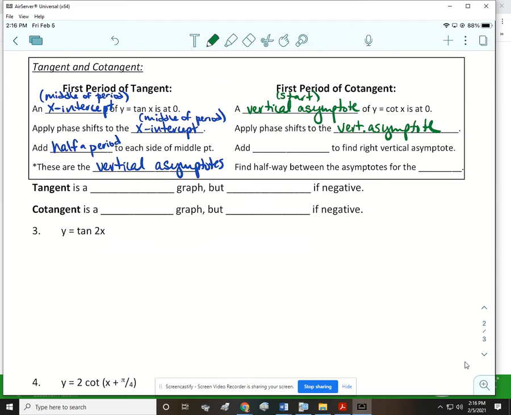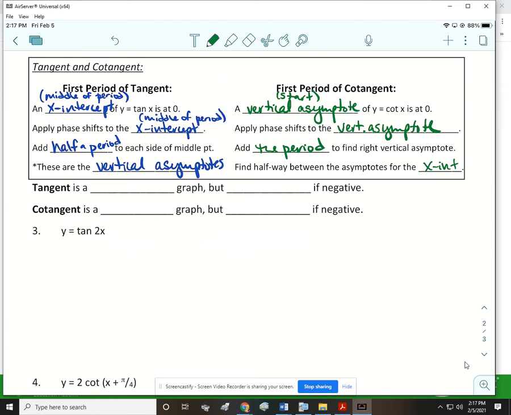And then you add the period to find the other vertical asymptote. And then halfway between those two is going to be an x-intercept. So when graphing tangent and cotangent, we don't have to find as many points. We just have to find where the vertical asymptotes are, so 2 vertical asymptotes and 1 halfway point for each period.